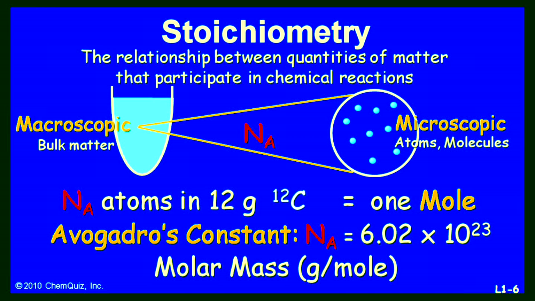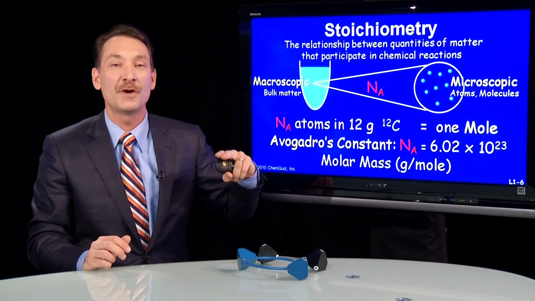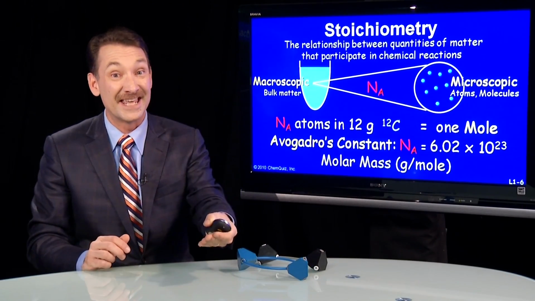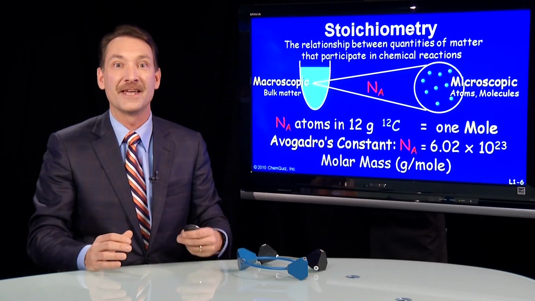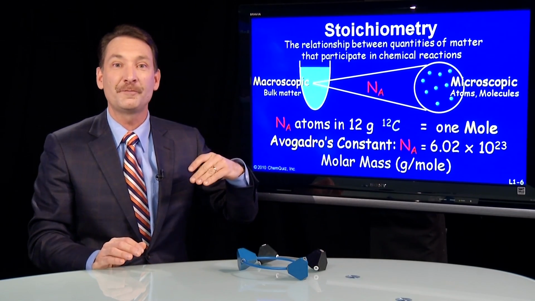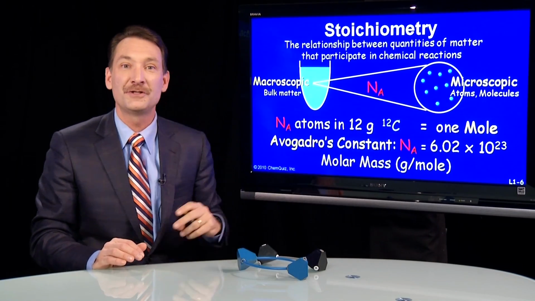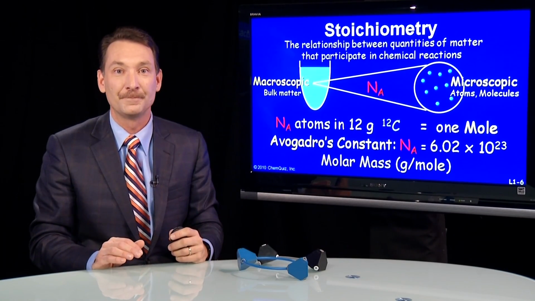I'll give this unit we're talking about, 12 grams of carbon-12, a special name, the mole. So 6.02 times 10 to the 23rd particles of anything, carbon, hydrogen, oxygen, will be a mole of that thing, carbon, hydrogen, or oxygen. So a mole of carbon-12 particles is 6.02 times 10 to the 23rd, and that has a mass of 12 grams.